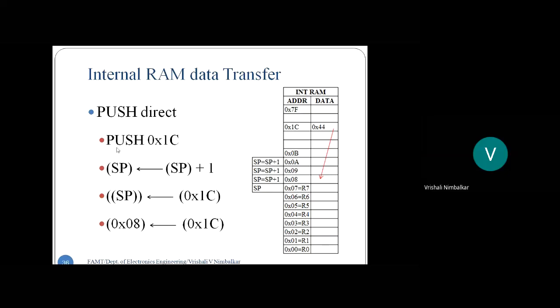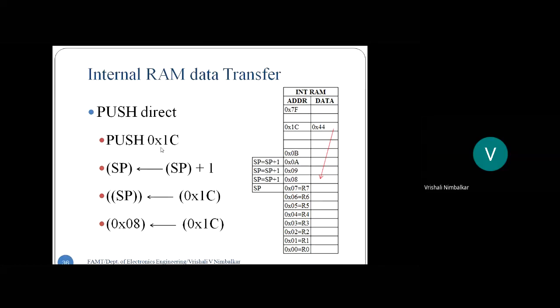An example is written here, push 1C hex. So what is it telling? You have to save the data on stack. Where is the data? At 1C hex. So this is a source address. From this memory location, you're going to store it on stack. So push direct, this direct is the source address.